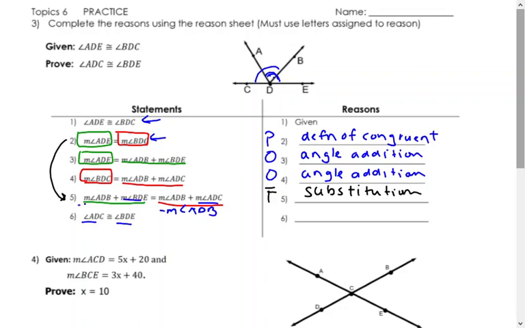To get there, we're subtracting the measure of angle ADB. So we are subtracting the same thing from both sides, which is the subtraction property. The subtraction property is B. If you wanted to become quite technical, we also switch the sides, so we did also use the symmetric property.